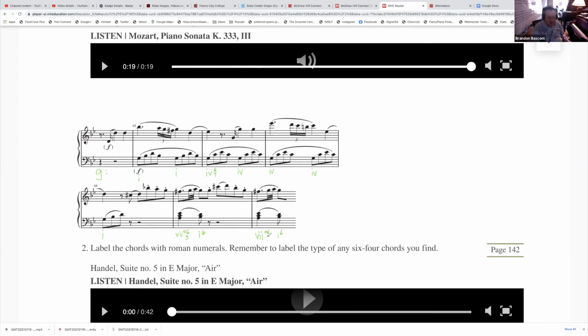Because it's a 7th chord in first inversion. And technically, we should have done this. Because they're the same.